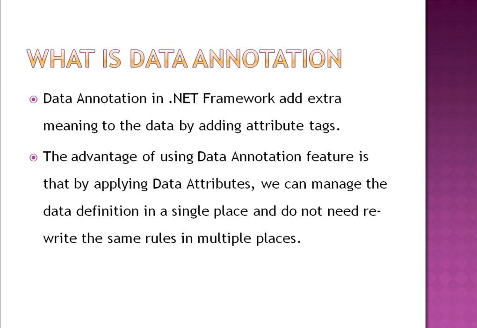You just have to specify that attribute over your property or your class, and whenever you use that class or property in your code, that extra information will automatically be considered by the .NET Framework. I hope you understand this.